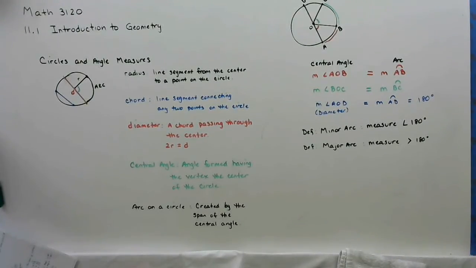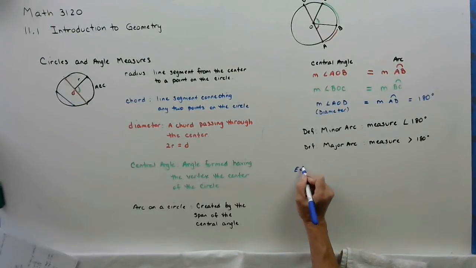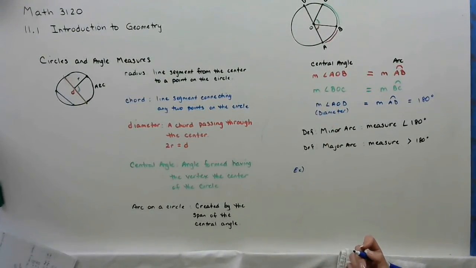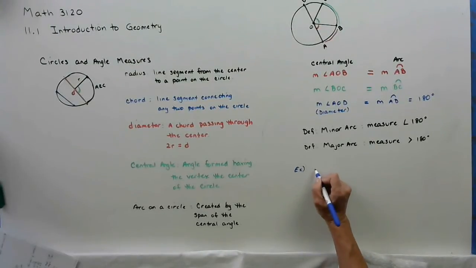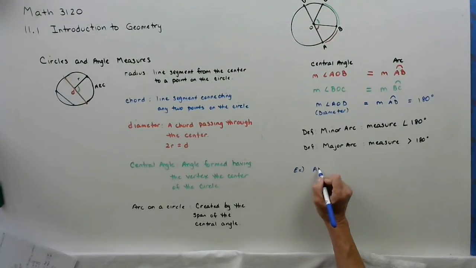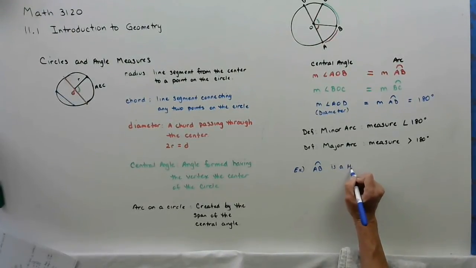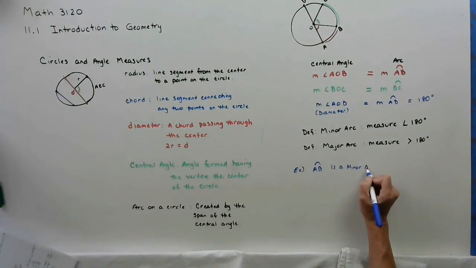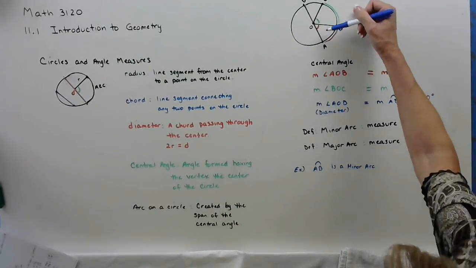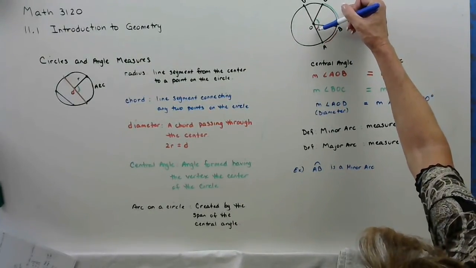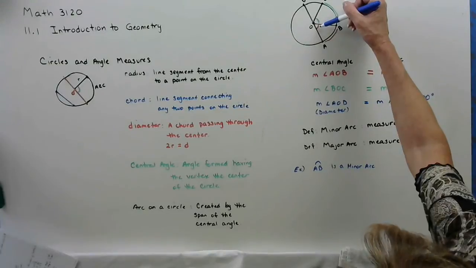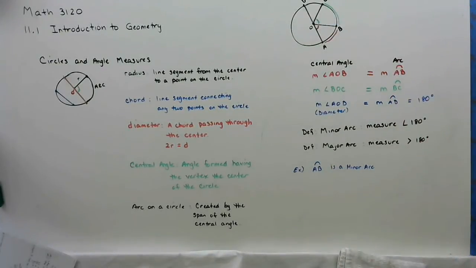So here I should write down a couple of examples on the one we just did. Looking at the picture, I might say arc AB is a minor arc because I can see that this angle is not nearly equal or greater than 180 degrees.